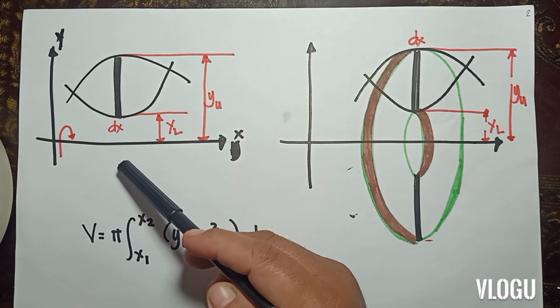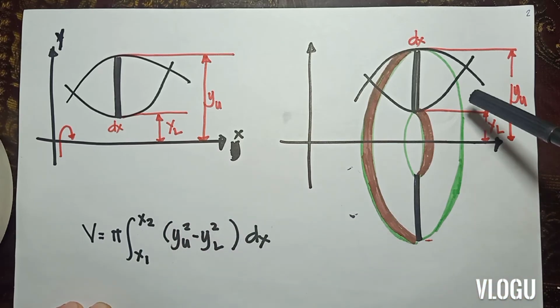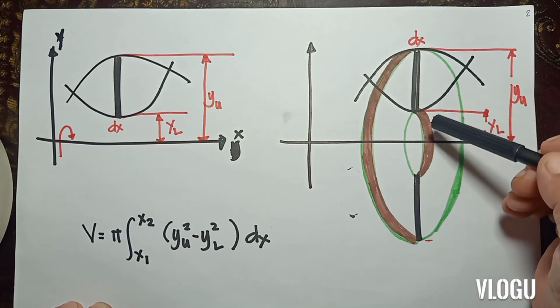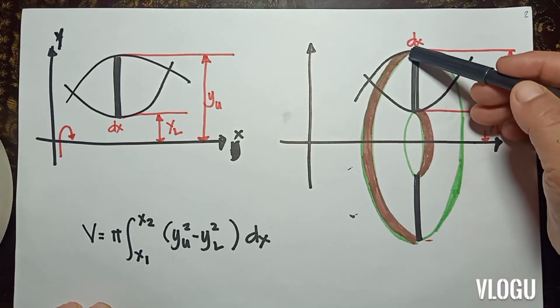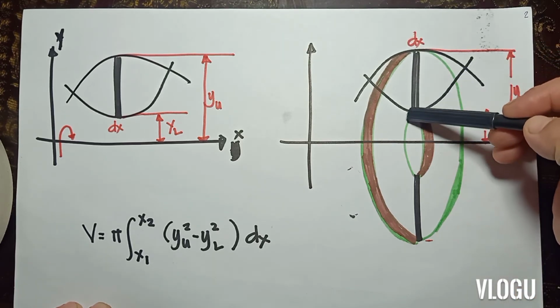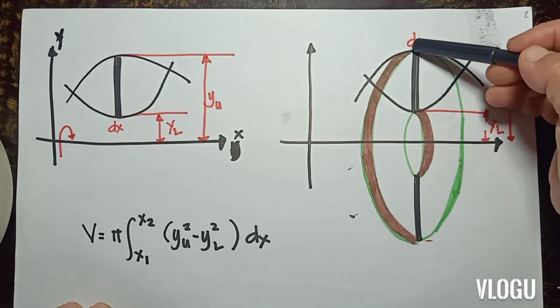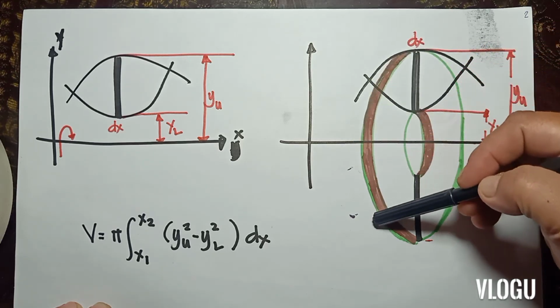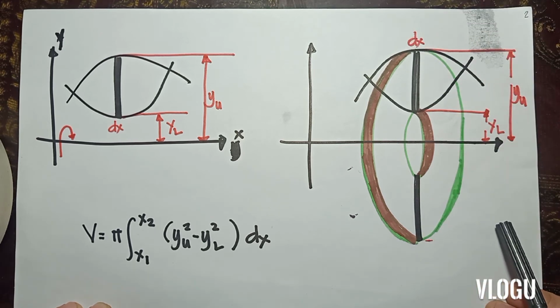If we revolve that about the x-axis, we can form a circular disc.